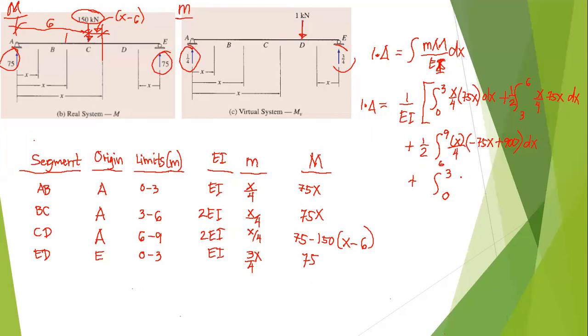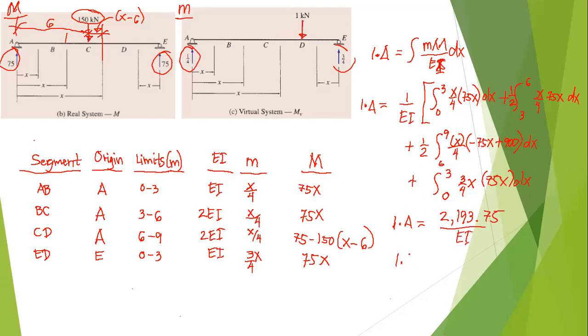And we have 3/4 x times 75x. Oh, I forgot the x here. No dx. Okay? So, evaluating this expression, 1 delta is simply equal to 2,193.75 over EI.